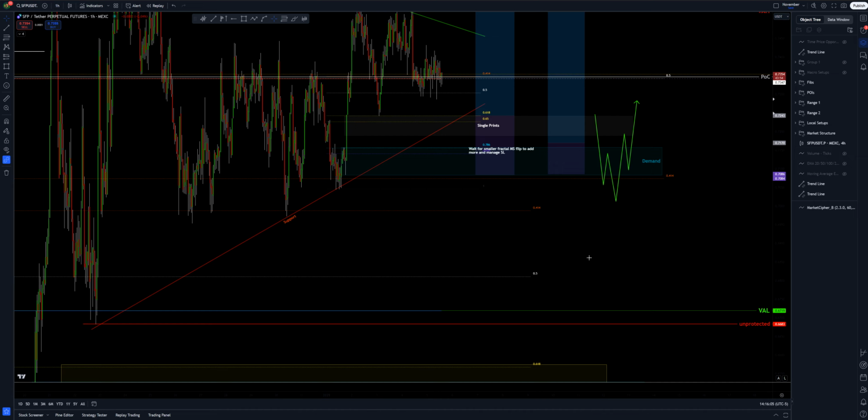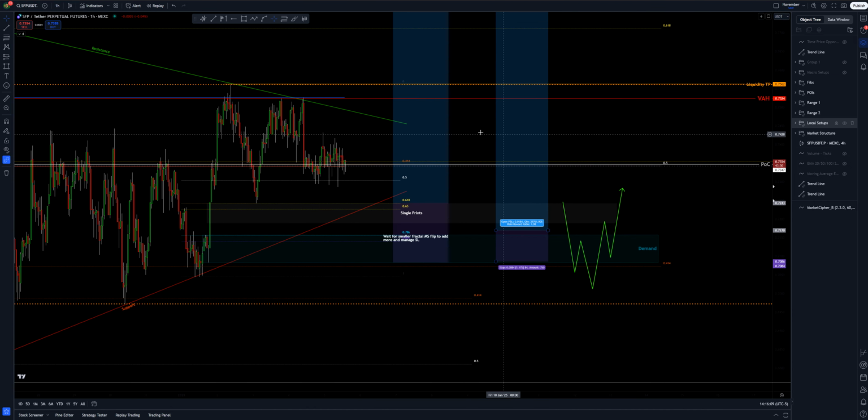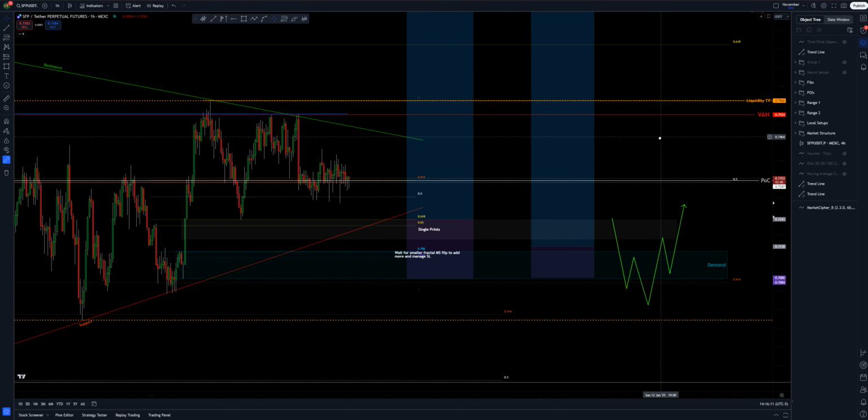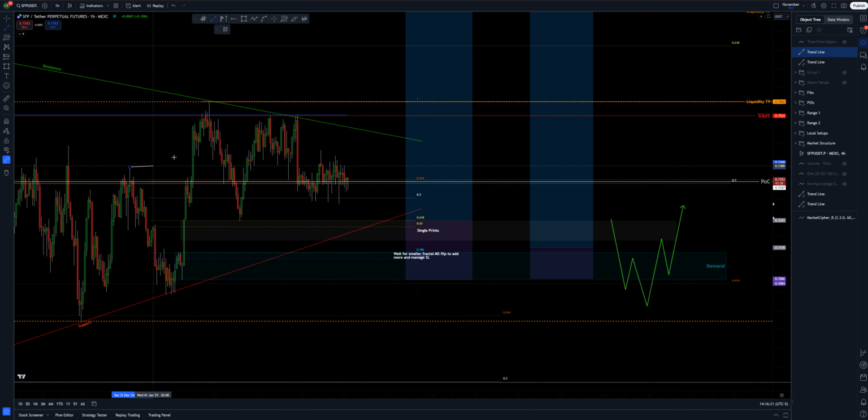Let me get this a little bigger for you. Alright, as you can see here, we have 786. We have our demand. Market structure's on our side. I mean, we have a very nice, pretty break of structure here.